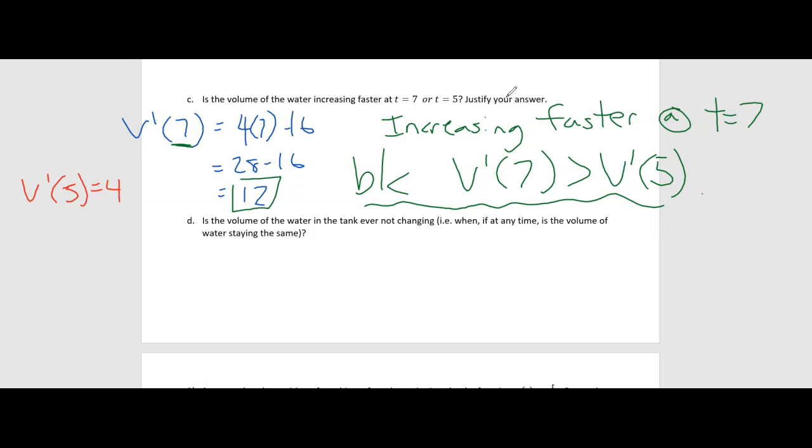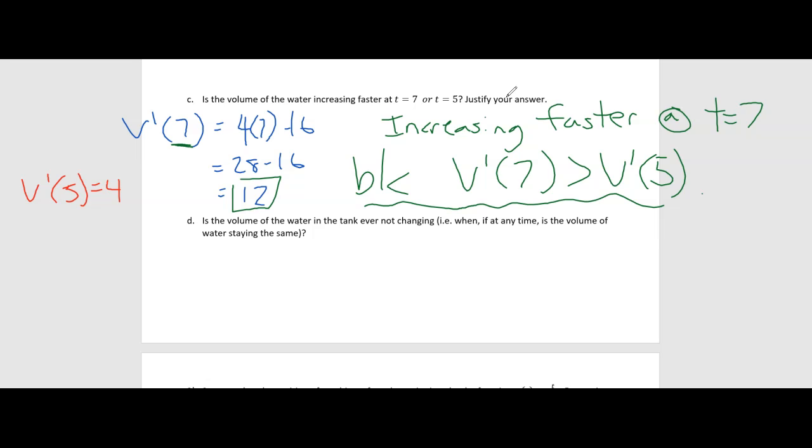All right, part D, is the volume of the water in the tank ever not changing? I.e., when, if at any time, is the volume of the water staying the same? Well, we could think about just a regular function. If we were thinking, is a function ever not increasing or decreasing, we would need to be looking for something about the derivative.